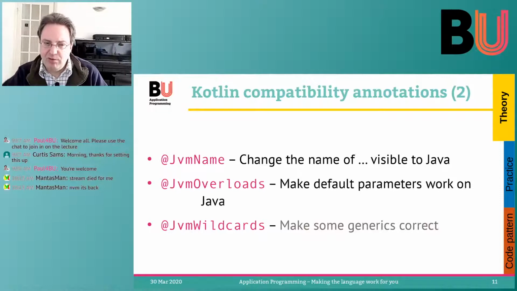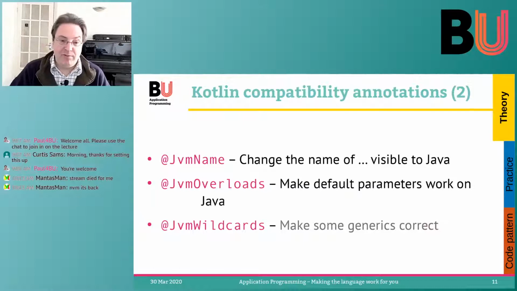This is not only for Java compatibility, but also to actually be able to implement that, because otherwise your compiler will say these have the same name on the JVM, you can't do this. One way would be to give them different names in Kotlin, or you just use the @JvmName annotation to rename one of them into something that does work.